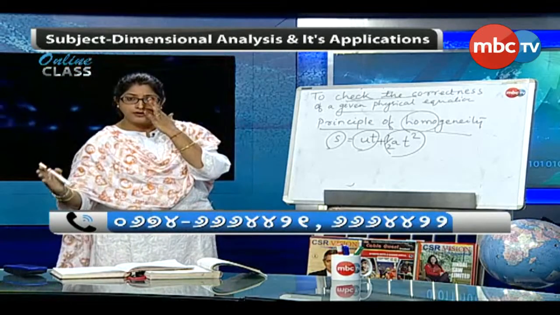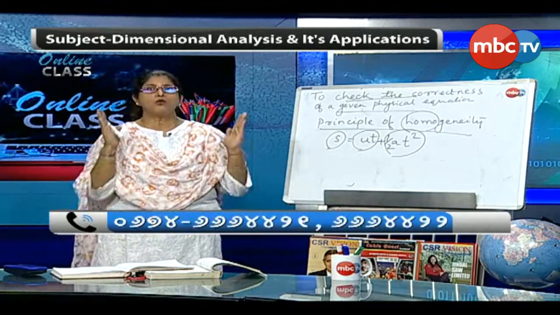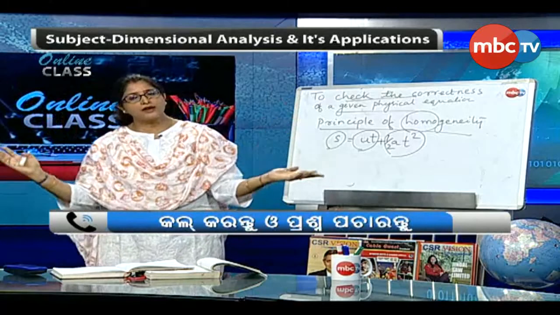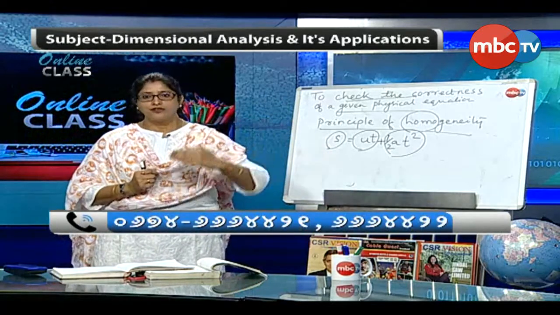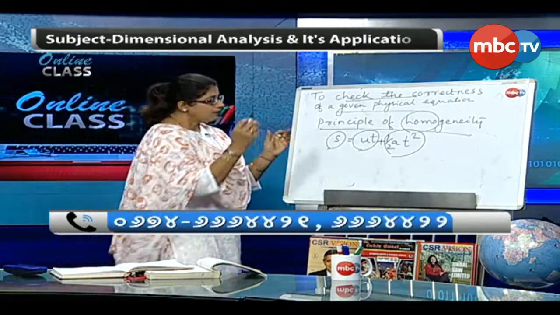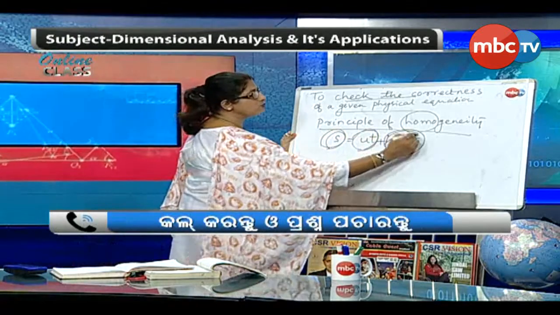Velocity cannot be added with force or any other physical quantity. That means physical quantities of same kind are added or subtracted or compared. Like length added to length, velocity added to velocity, force added to force. Clear?